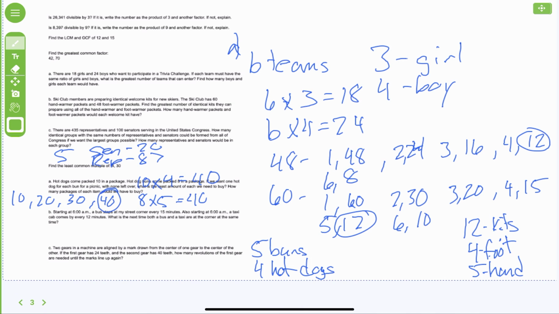Now, starting at 6 a.m., what's the answer for B? Who got the answer for B? 1 hour later. Everybody know how to do that? List the multiples, and it's going to be 60 minutes. So we would just add 1 hour to the time.